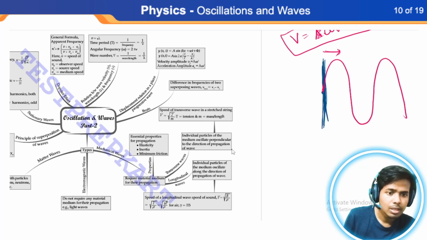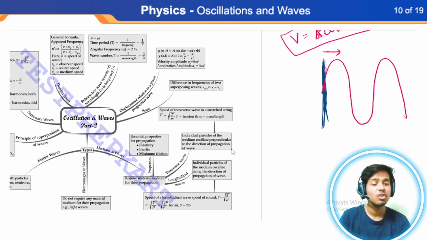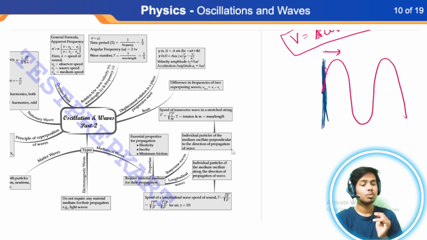Because if you only consider the component of movement of any point in the upward direction, it will always be equal to SHM. This particle is performing SHM, but in addition to the SHM, it has another component of velocity, which is constant in the rightward direction. That is why this moves in what we call a wave.